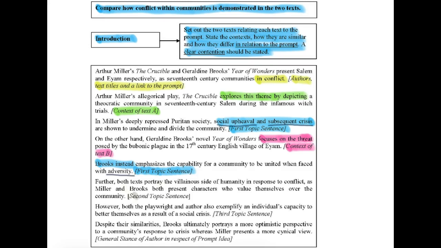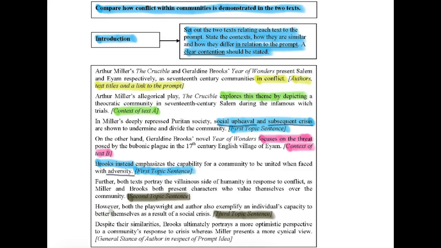Okay, so here we have the second topic sentence and the third topic sentence. Further, both texts portray the villainous side of humanity in response to conflict, as Miller and Brooks both present characters who value themselves over the community. That's the second topic sentence that we established. However, both the playwright and the author also exemplify an individual's capacity to better themselves as a result of a social crisis.